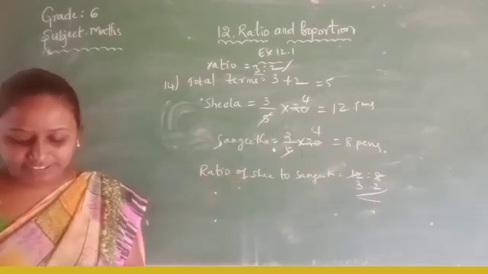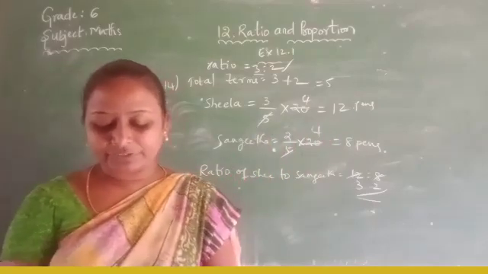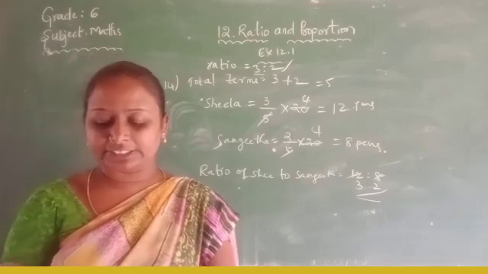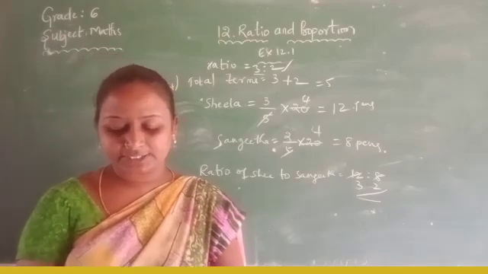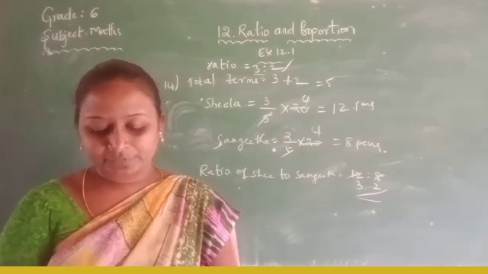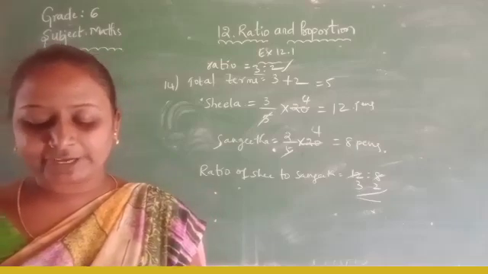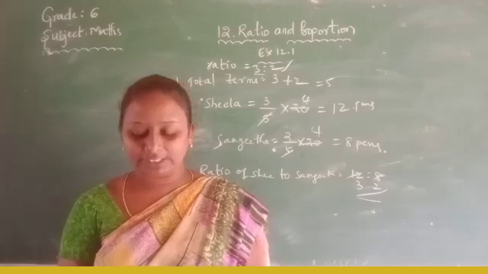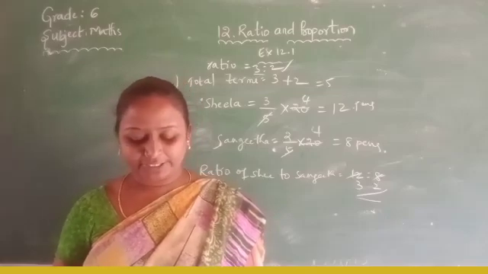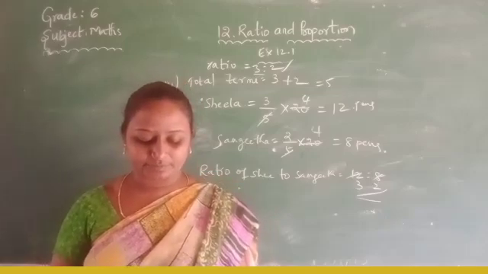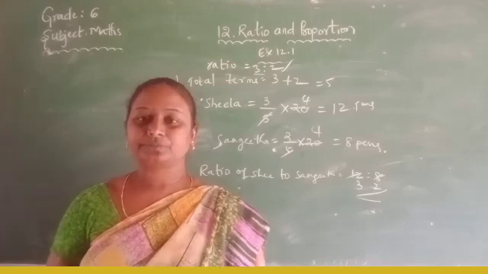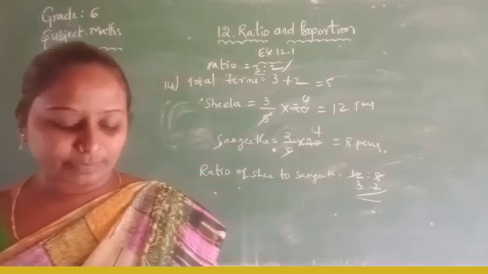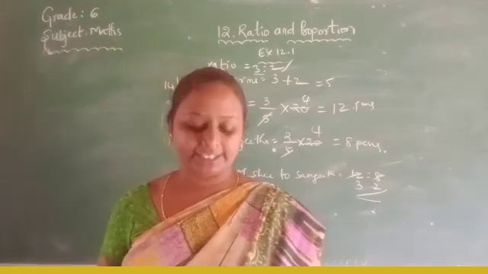Okay children? Right. Okay, 15th one, see: mother wants to divide 36 rupees between her daughters Shreya and Bhumika according to their ages. If the age of Shreya is 15 years and the age of Bhumika is 12 years, find how much Shreya and Bhumika will get. The problem is related to ages.